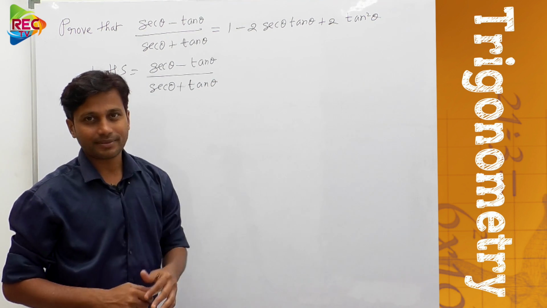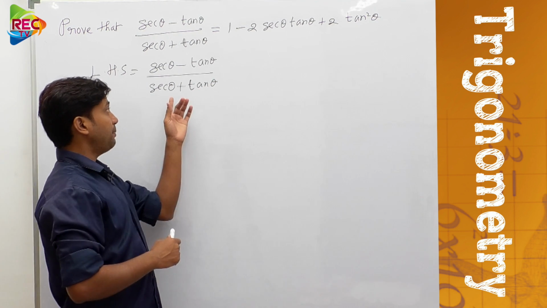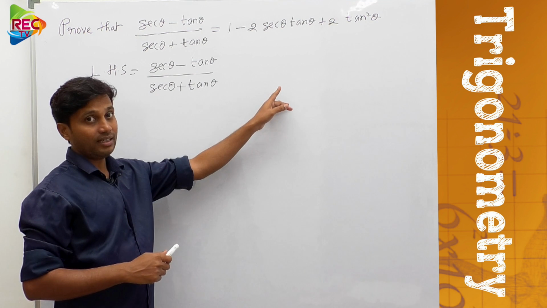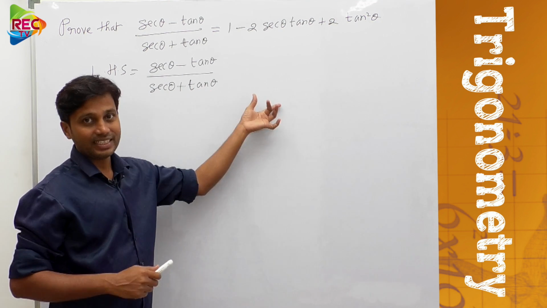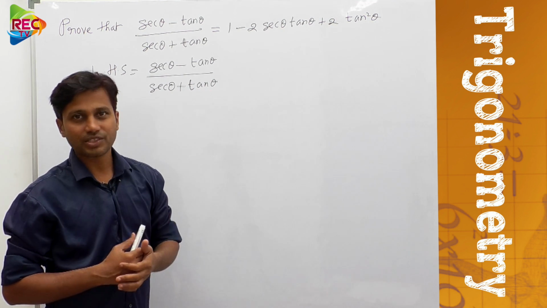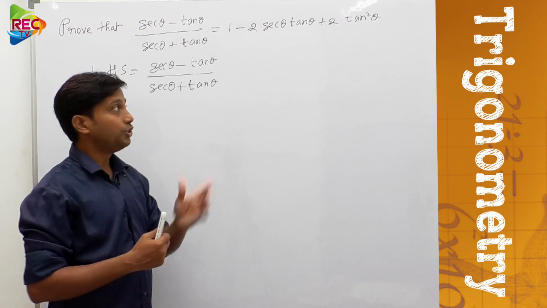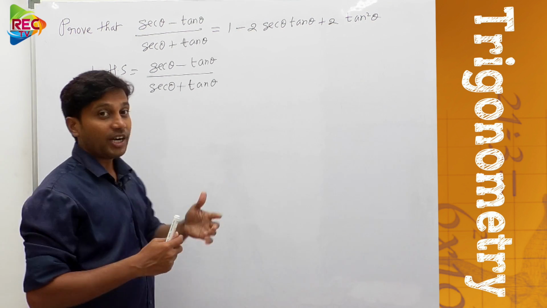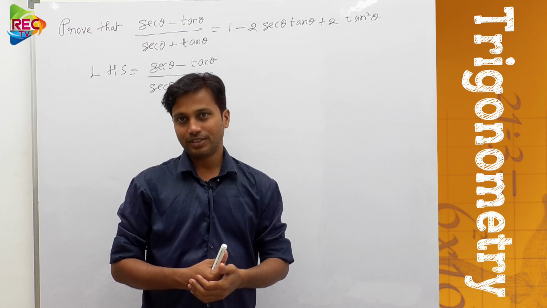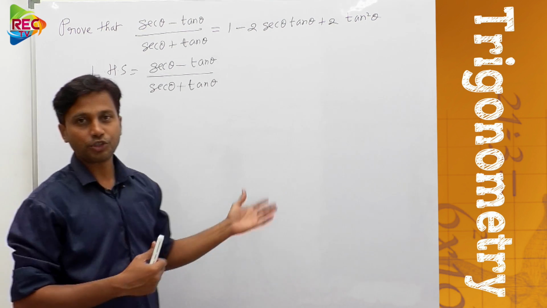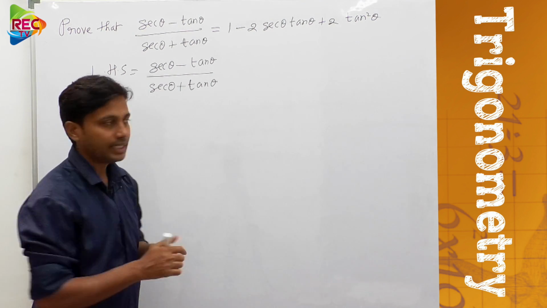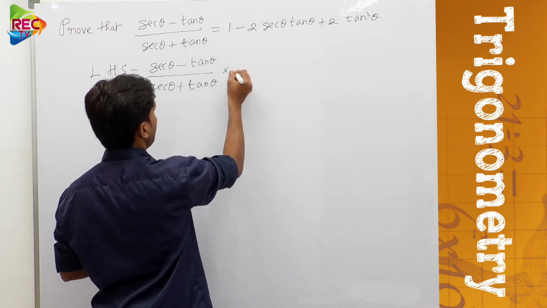Why are we taking that? Because while multiplying with the secant theta minus tan theta, we will get the identity secant square theta minus tan square theta. That means the denominator part will be easily simplified. So for that reason, I am going to multiply and divide with secant theta minus tan theta.